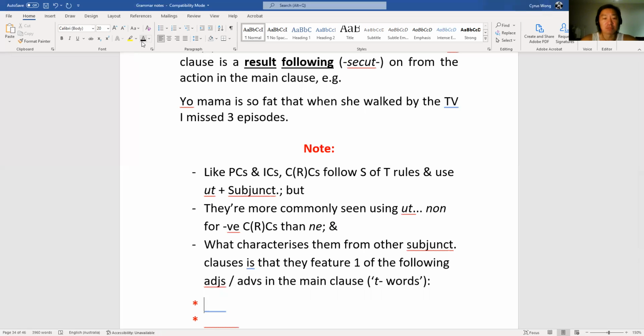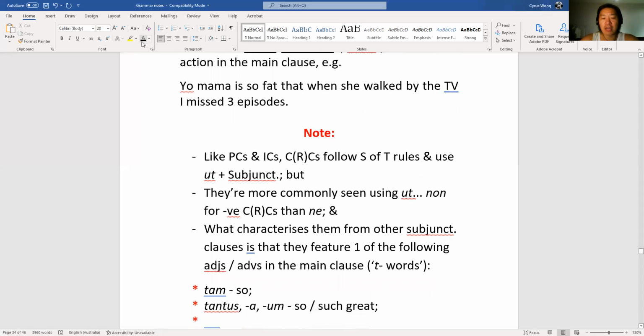I call them T words because most of them start with T, and in English, just like the your mama joke, they're mainly S words. So for example, tam, so that'd be like your mama so fat, tua mater tam ingens, for example. Tantus, a so, say the crowd was so great that they had to close the gates of the stadium.